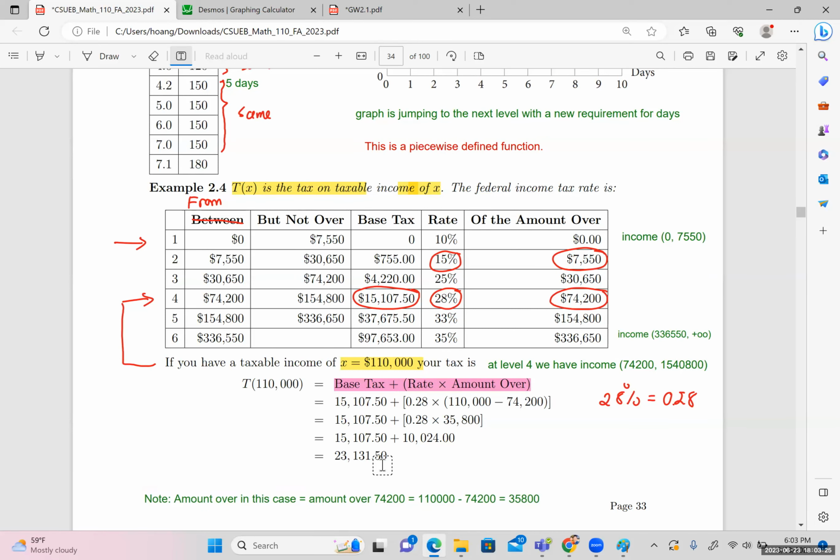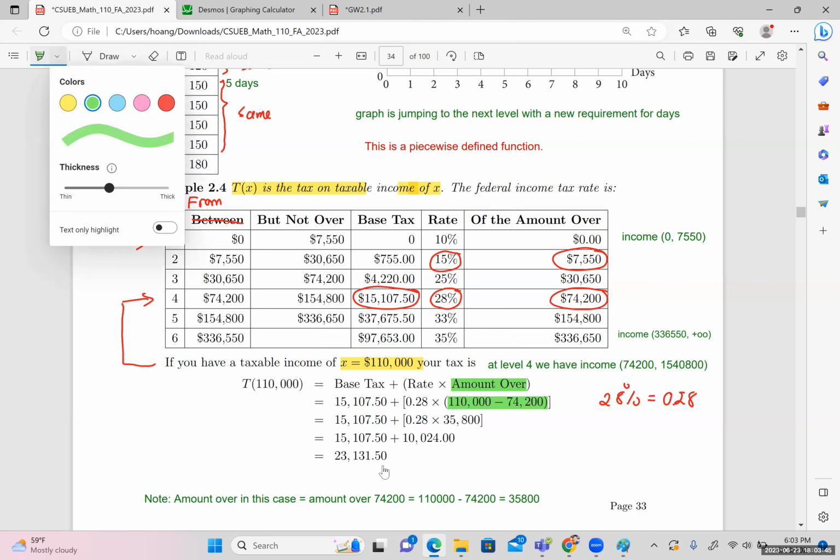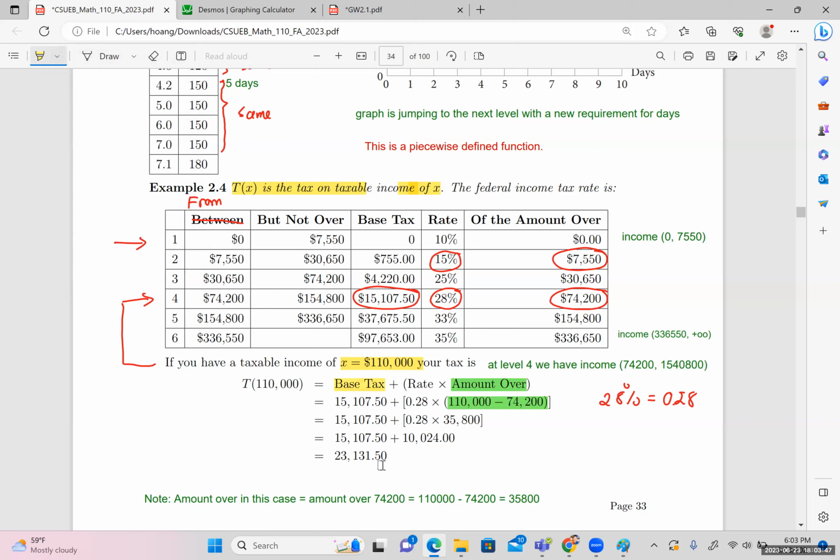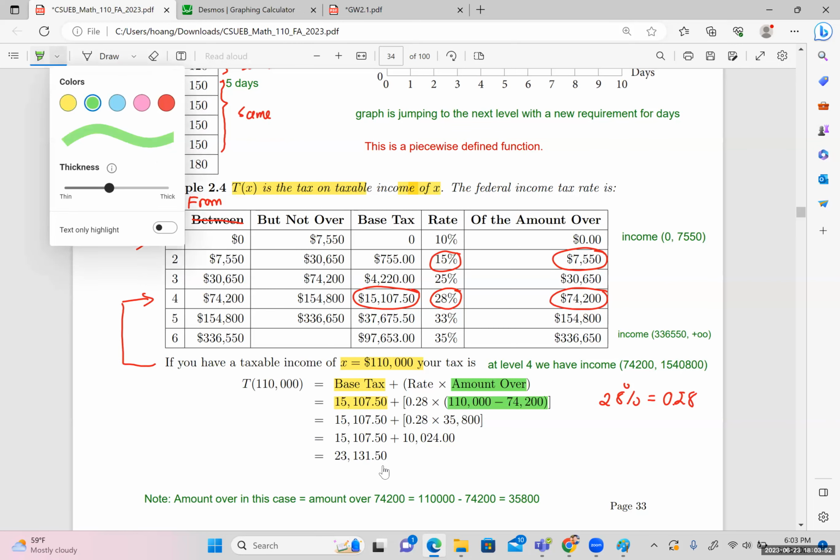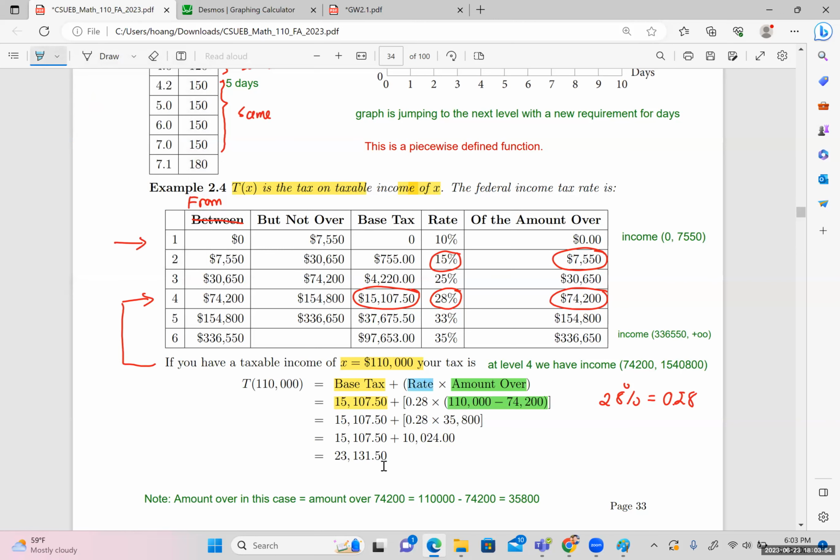Okay, does that make sense? So this is the amount over. Let me highlight this one. I'm gonna highlight the base tax as this, and the rate as this. All right.